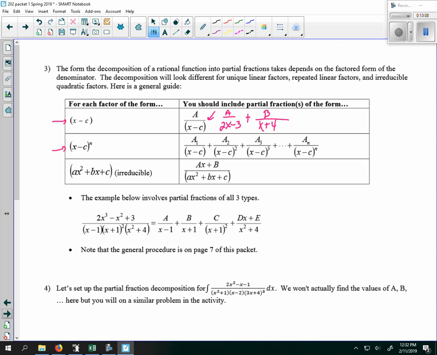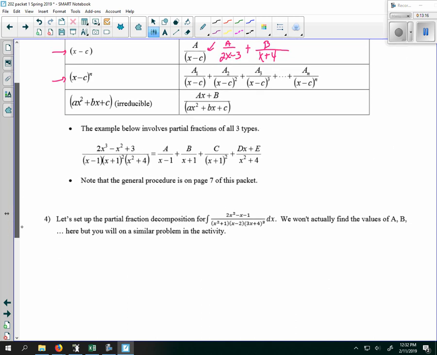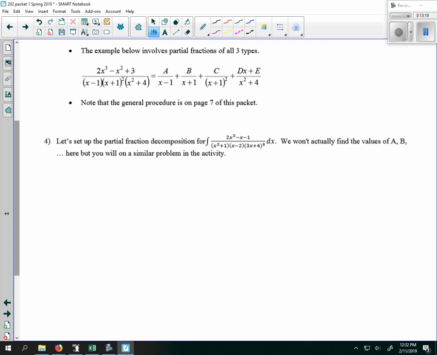And if you have an irreducible quadratic, it cannot factor, then you need to put a linear term on top of it. Okay. So this example involves partial fractions of all types, and you probably won't see anything this complicated, but I have a unique linear factor x minus 1. So I have an a over x minus 1 in my decomposition. Then I have a repeated linear factor x plus 1 squared.